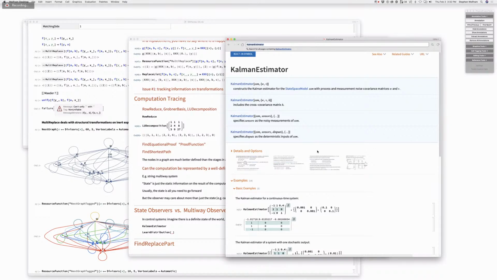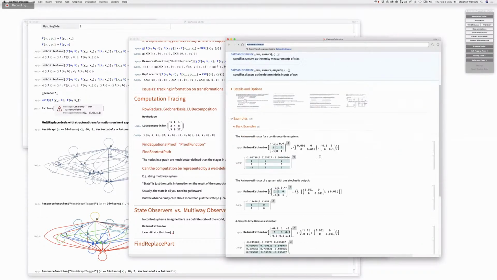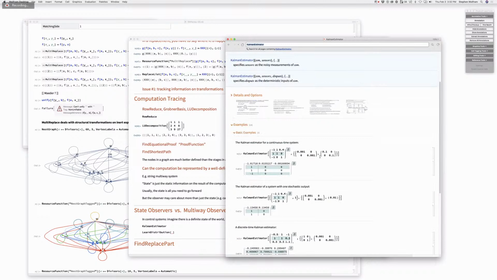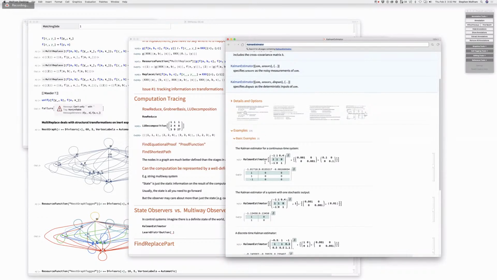Okay, so what this is doing, this is making something which, given, what the heck is this doing? So given this, go ahead.